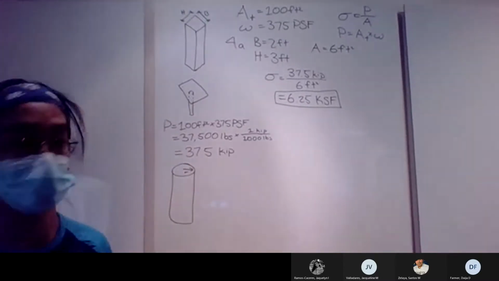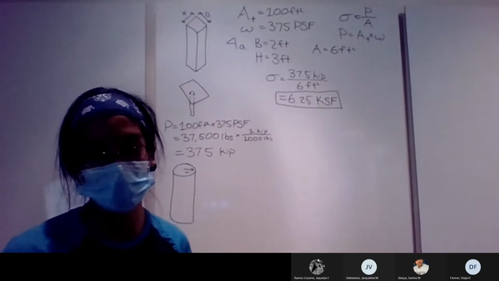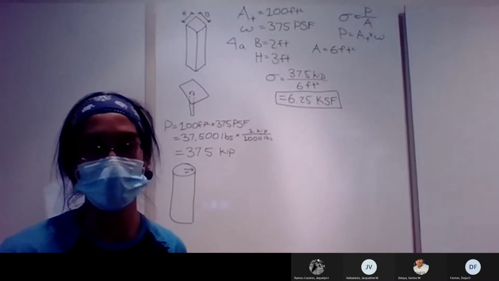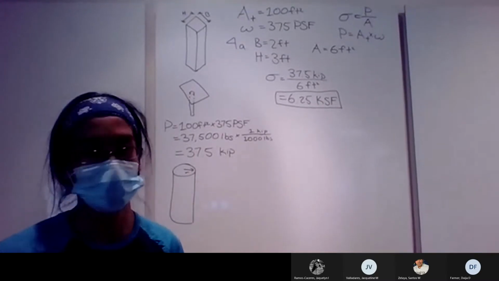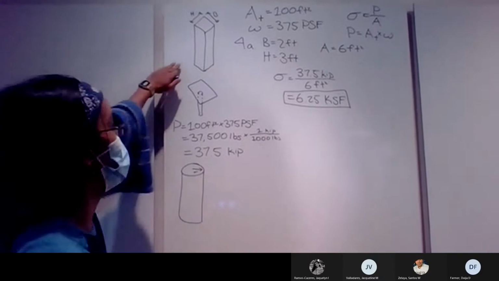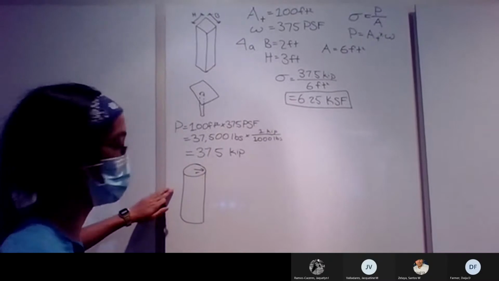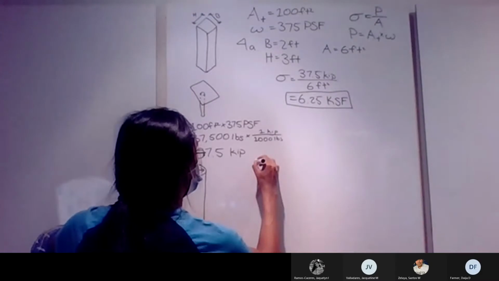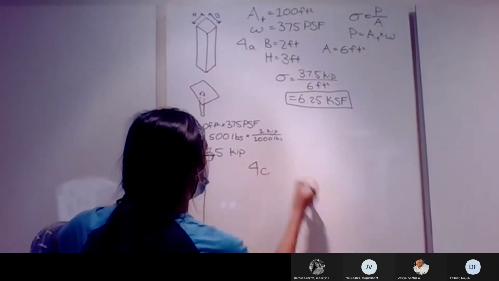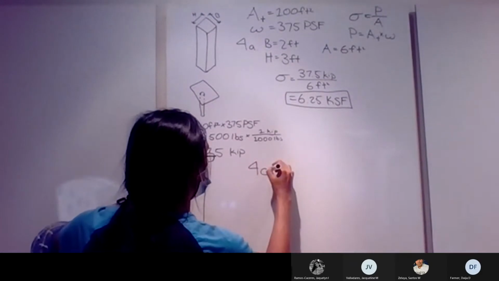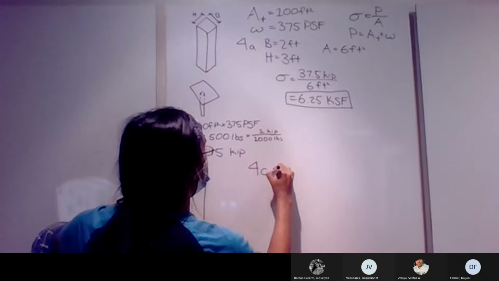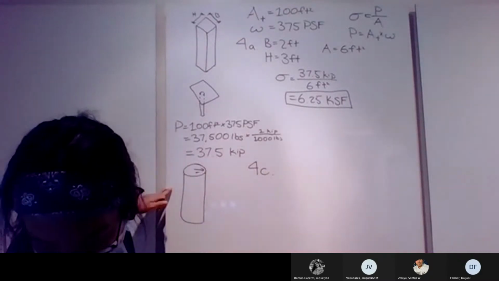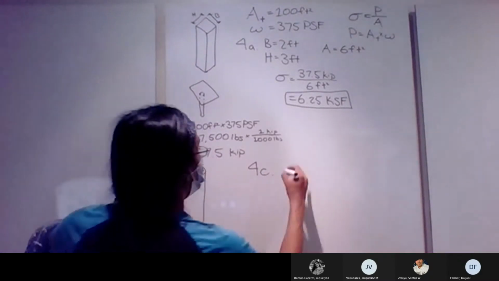Remember, in question 1 and question 2, we solved the area for a rectangle and the area for a circle. Now we can use that here. So 4C. We're given radius equals 1 foot.